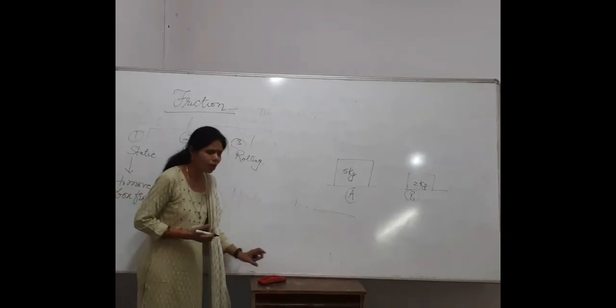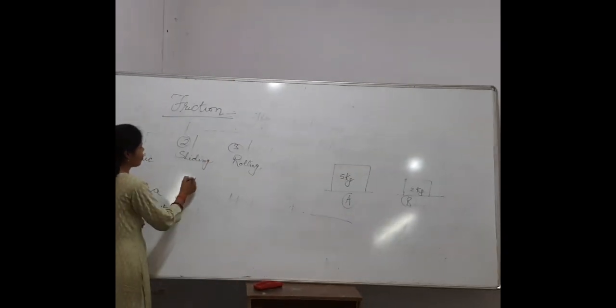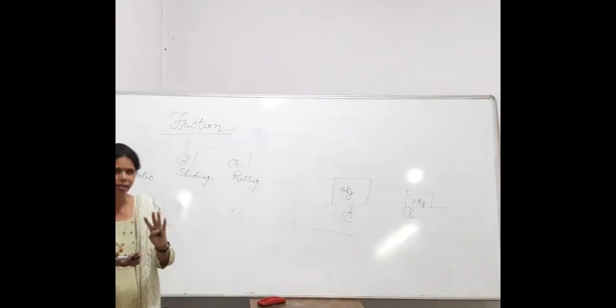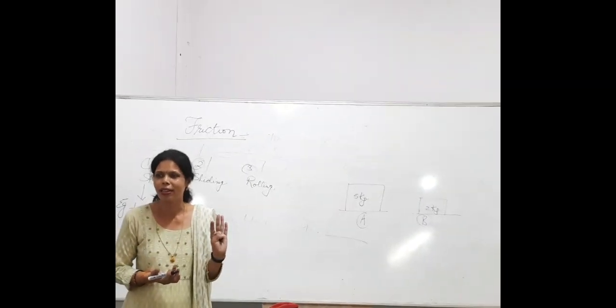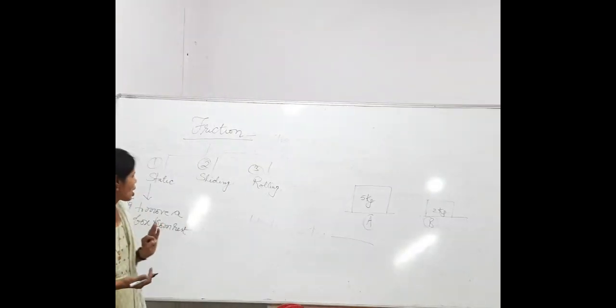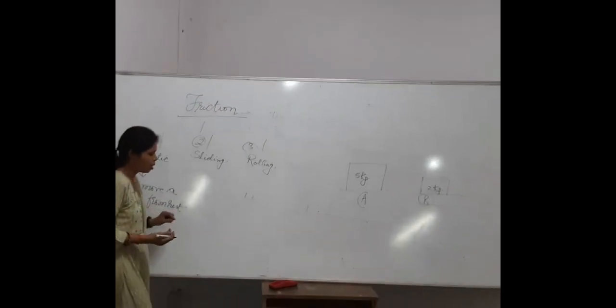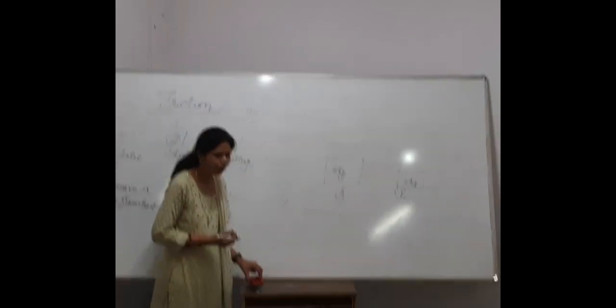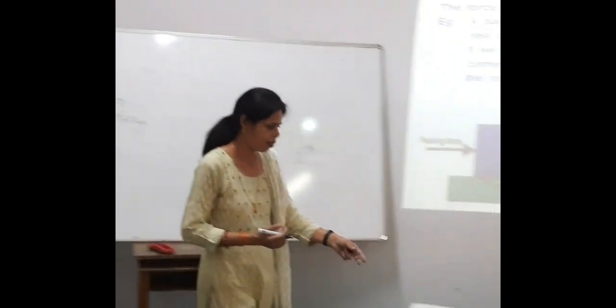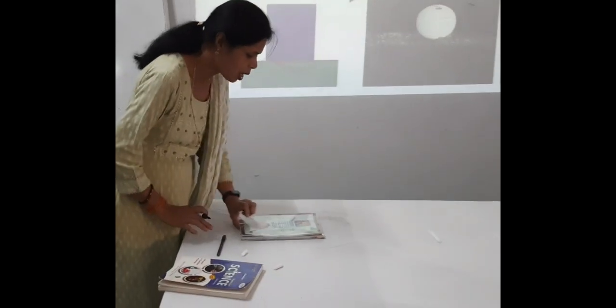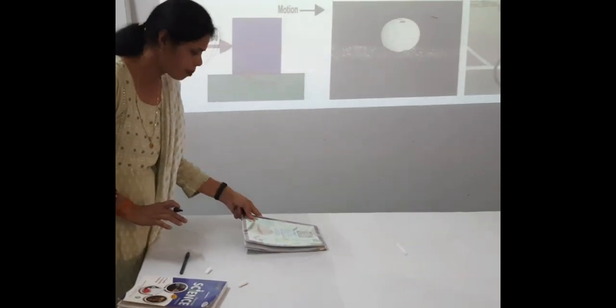Now the second friction is sliding friction. When two surfaces slide over one another, that is called sliding friction. Like if I am pushing this book from rest, this is static friction. And if I am sliding it like this, it is easier.